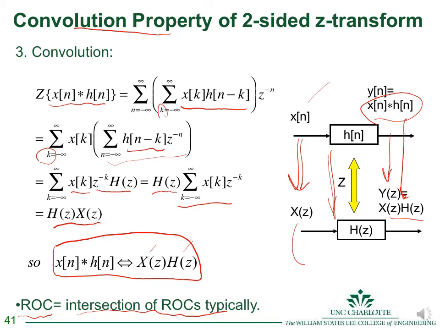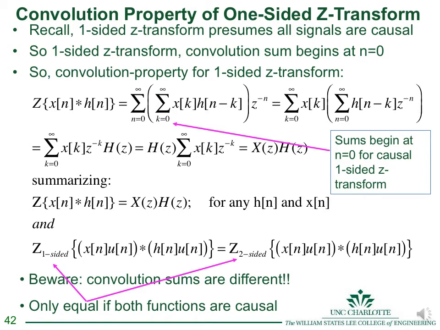So the two-sided transform is very easy because of the simplicity of the shift property. If you recall, the one-sided Z transform, of course, presumes all signals are causal. And so the shift property becomes more complicated, and we have to be a bit more careful with the shift property. And so taking the Z transform, of course, if we're using one-sided Z transforms, both indices sum over 0.